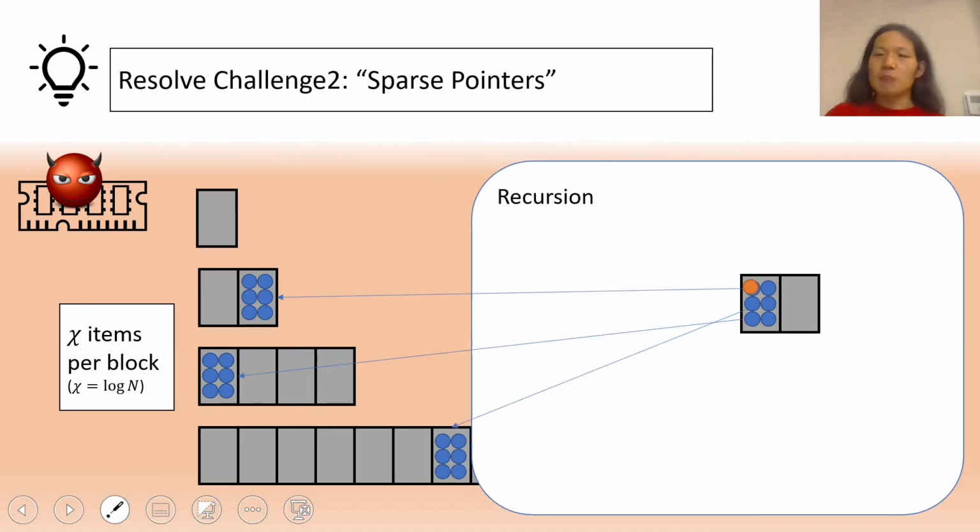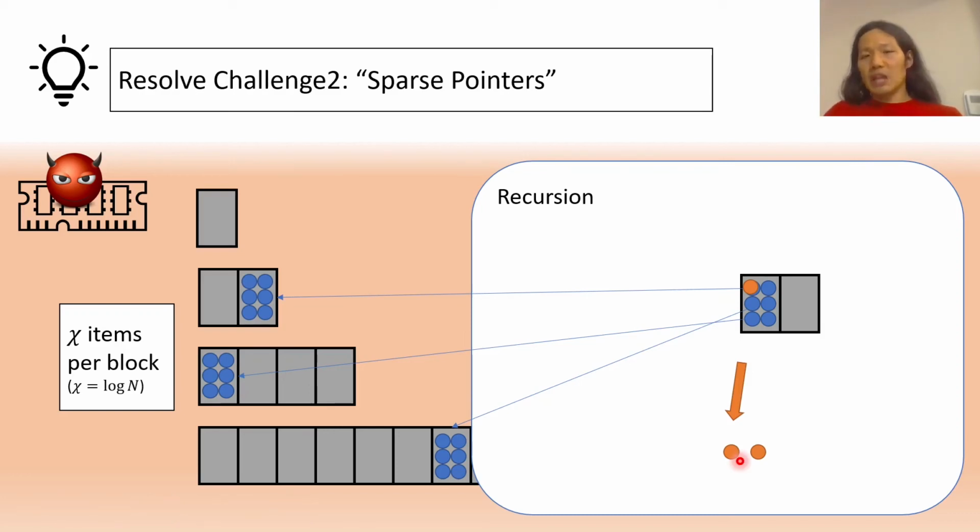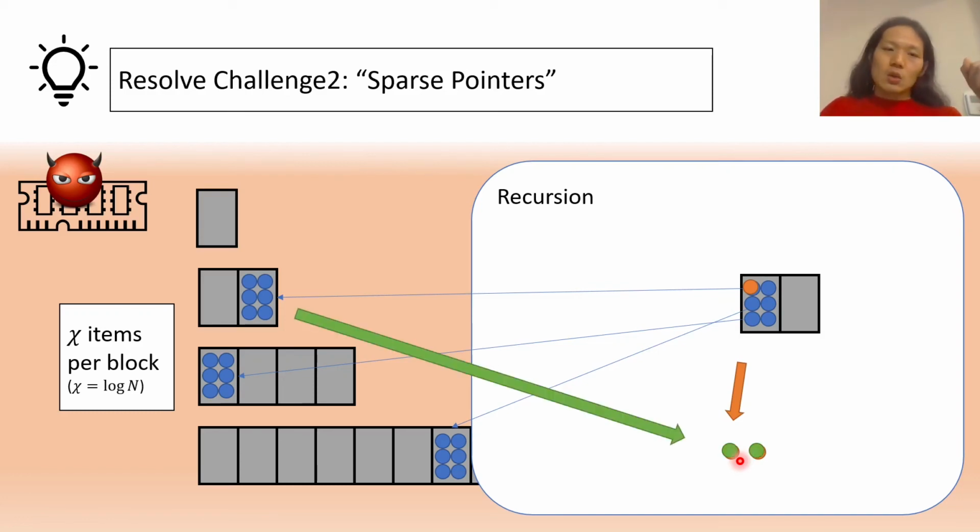Using the second observation, we can immediately identify all the pointers that need an update, and then we can update these pointers in 3 simple steps. In the first step, we collect all the pointers into a short list, that's 2 to the I pointers. Then we obliviously route and update these pointers from the shuffled blocks. Then we can put these updated pointers back to their originating fat blocks.